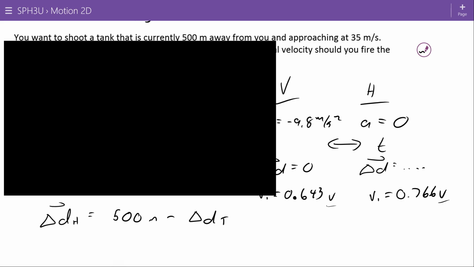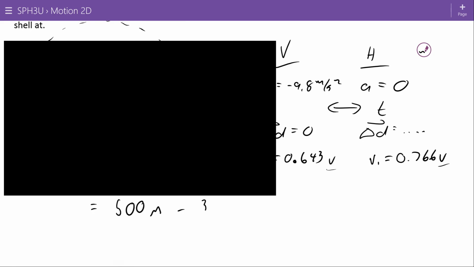Now, assuming the tank isn't accelerating, we can use the simplified equation that the displacement of the tank is equal to the velocity of the tank times time. So it's 500 meters less 35 meters per second times whatever time we come up with. We can't say exactly how far the tank gets towards us because we don't know how long the projectile is in the air, so we have to leave it in as a variable.